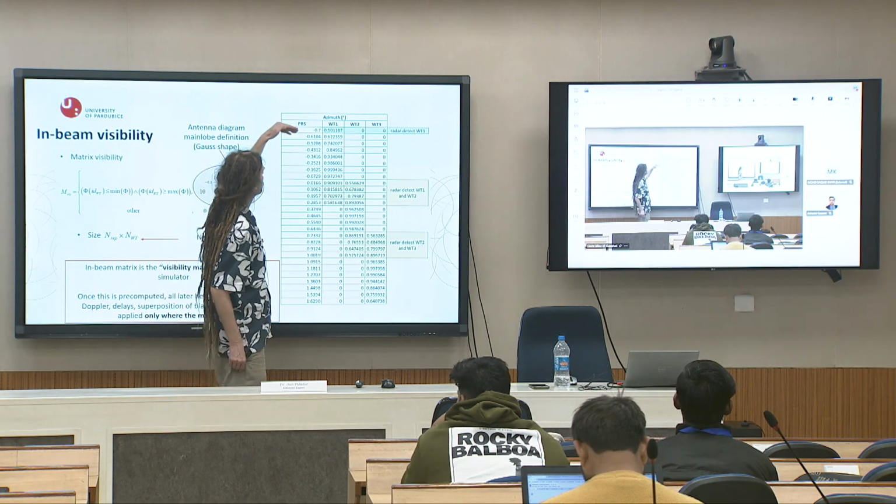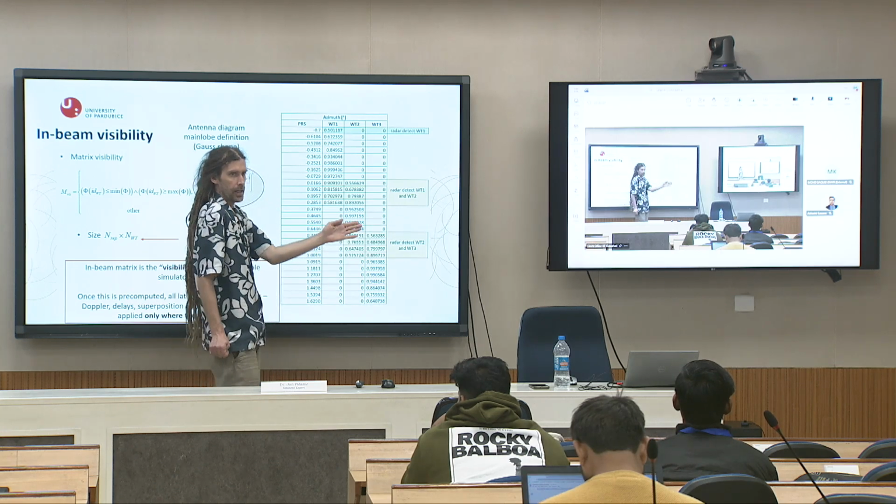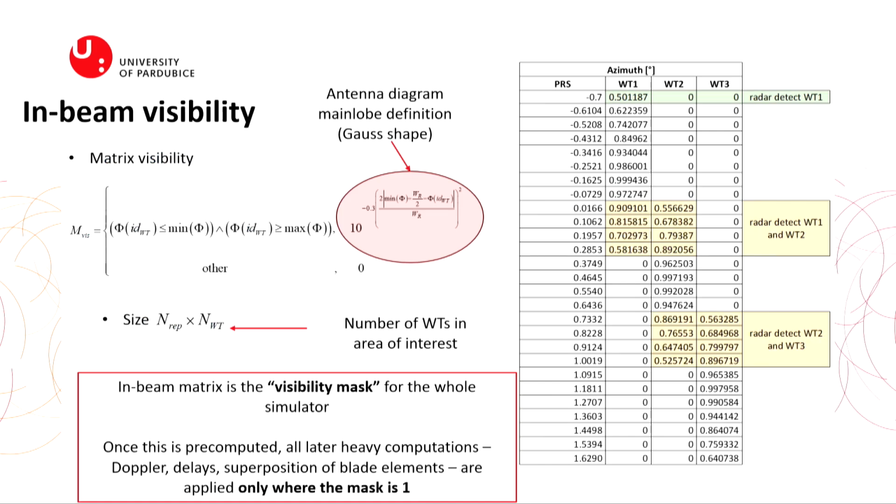And check what I want to show you. This is the azimuth of PRS, how my antenna scans the area, and at some azimuth of PRS I see the first wind turbine. I don't see the second and third one due to position.